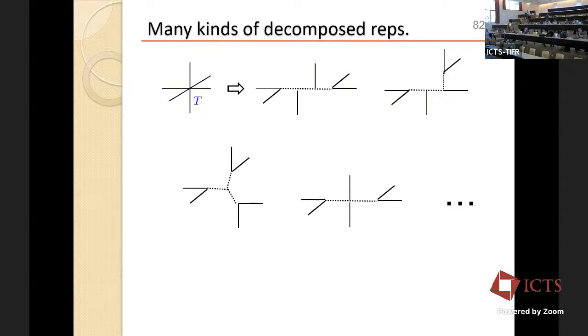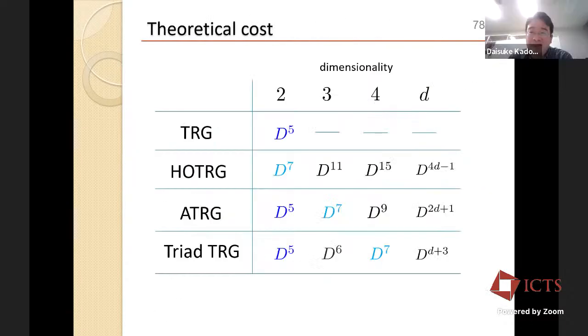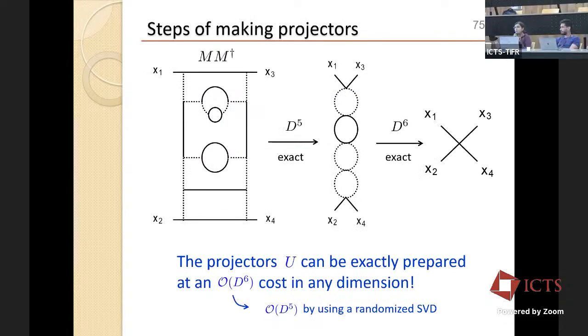Hello. I have very simple questions on page number 75. What are these circles here in the M and M dagger representation of the tensors? The internal circles that you have in the M and M dagger representation, what do they represent?